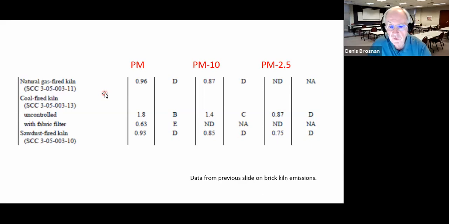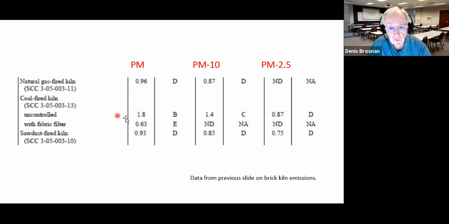It also means that dust was being conveyed down the tunnel and exited with the gases that exit the smokestack in the brick kiln. So it's not a fair comparison here, but you can see that coal emissions are about double in terms of particulate matter.